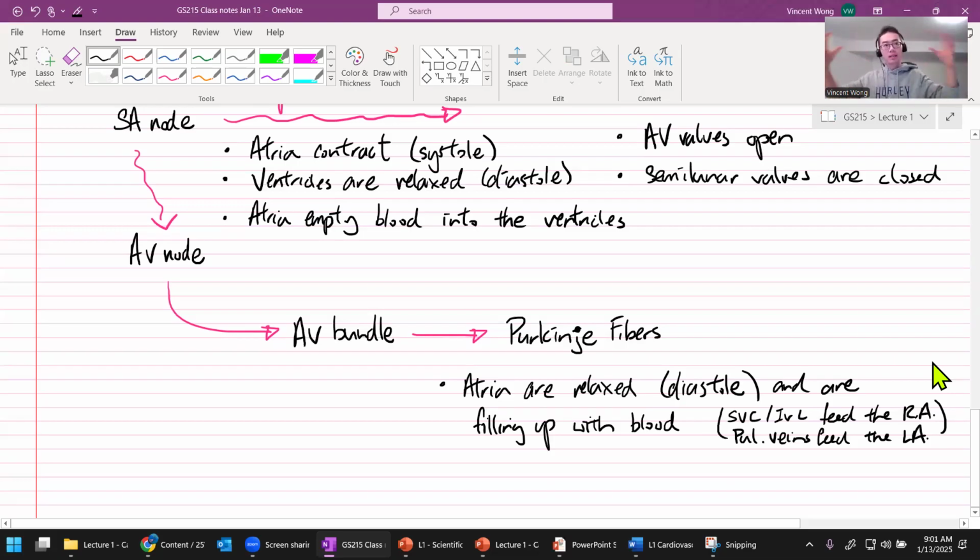Now, as the blood is coming in from both sides, you don't want it to fall into the ventricles. Not yet, anyways. You need to wait for the atria to fill up. And so that's why I hope you can see that the AV valves are closed. Okay. Close the floor. Don't let the blood drop down.